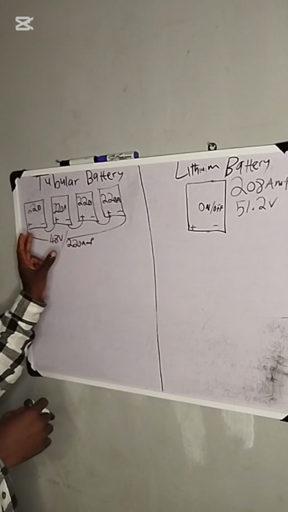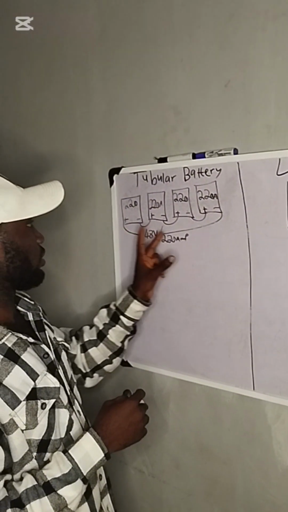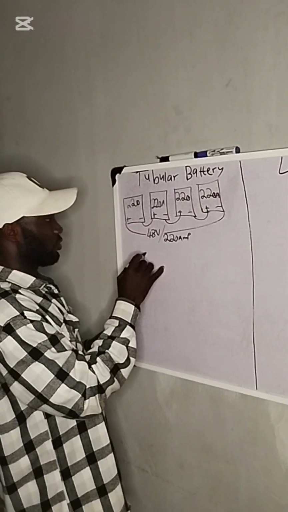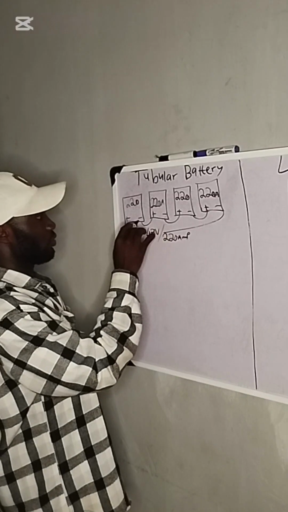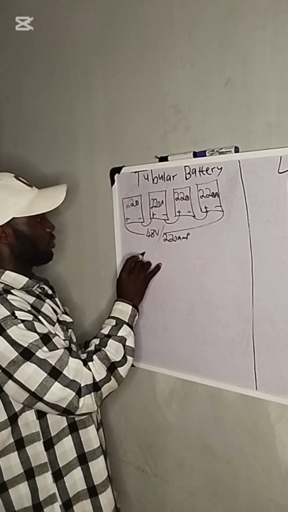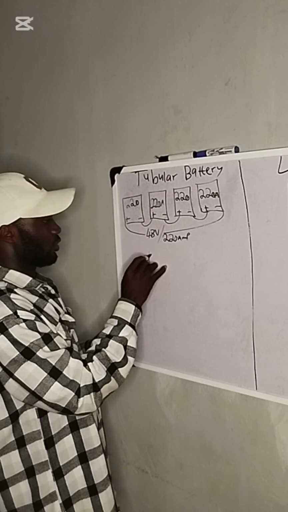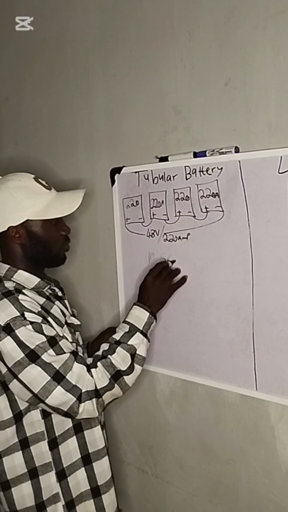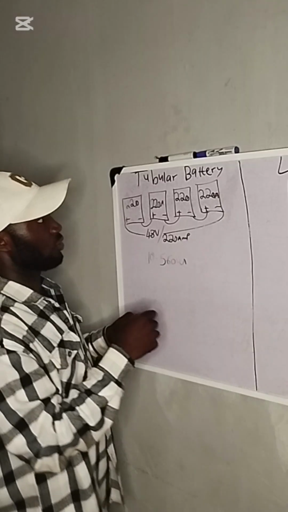So, when you connect these 4 batteries in series, it will give you 10,560 watts. That's the total wattage.